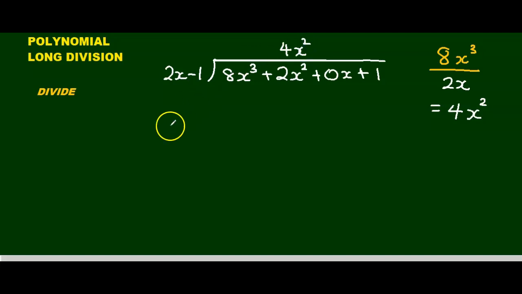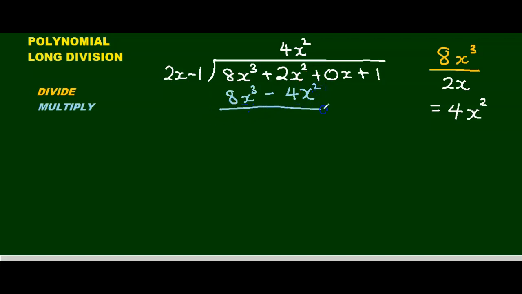Okay, next I'm going to multiply. So I'm going to use my 4x squared times 2x. So 4x squared times 2x gives me 8x cubed. Now remember, you always want to get it such that you're getting rid of your first term that you worked with. So I have my 8x cubed, and then 4x squared times negative 1 gives me negative 4x squared.